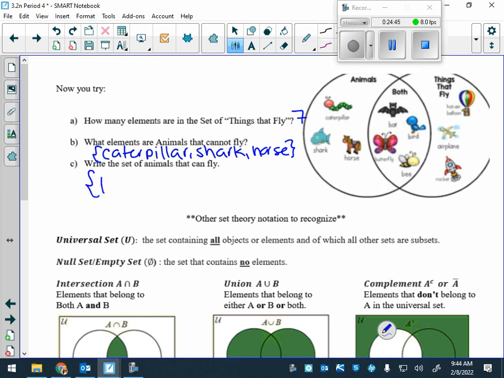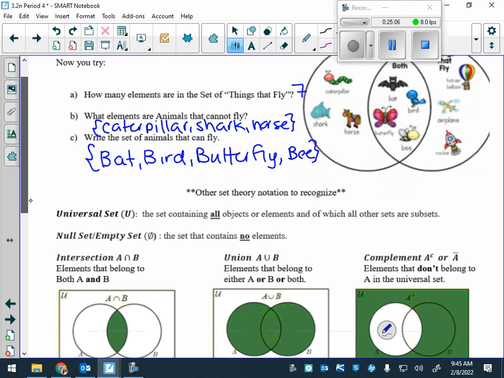Good. Cat, bird, butterfly, and bee. Okay, so that was asked a different way. However, it's where they both are in common. Okay, how many of you got all three of those correct?